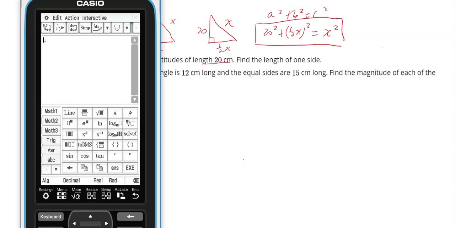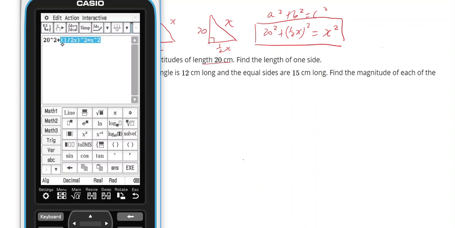I'm going to put this in my CAS calculator, interactive and solve, and should give me what I want. So let's go on the CAS. We've got 20 squared plus, I'm going to put a bracket around half x, all squared, equals x squared.